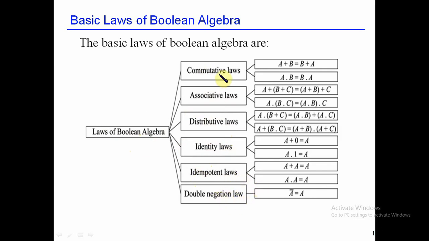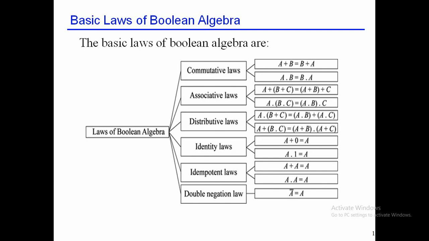The commutative law: a binary operator on a set is said to be commutative. The associative law: the binary operator on a set is said to be associative.